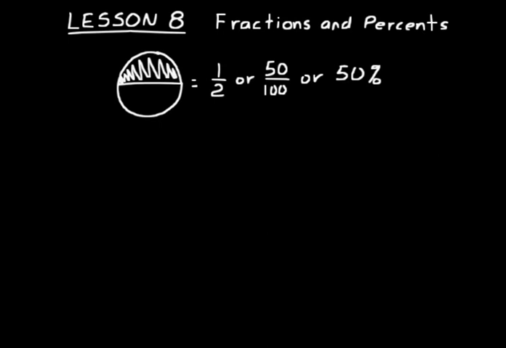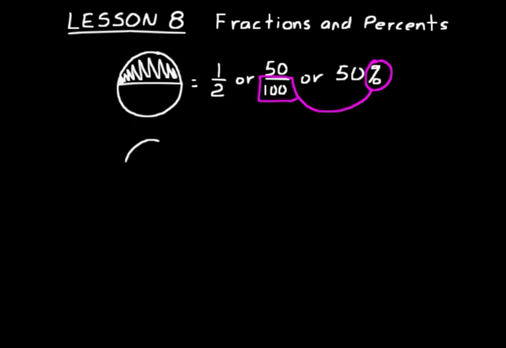Now the whole reason we have that percent symbol at all instead of writing 50 over 100 is, isn't it a lot faster to make that symbol than to have to do the fraction bar and then 100 underneath it? So that percent symbol is just a simplified way, a faster way to write the fraction bar and the 100. Try to remember that. Percent is just another way to think of a fraction.